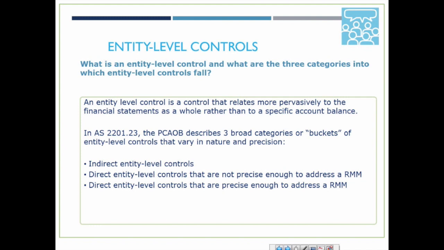The standard breaks it down into indirect controls, direct entity level controls, and direct entity level controls that do not precisely address the material misstatement. For the last two, what precisely addresses the risk of material misstatement or does not is going to be based on auditor judgment as they evaluate the internal controls.